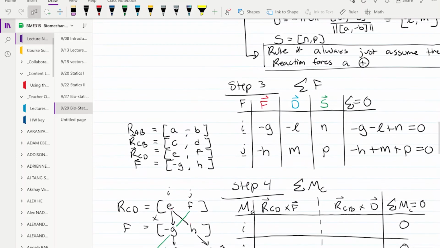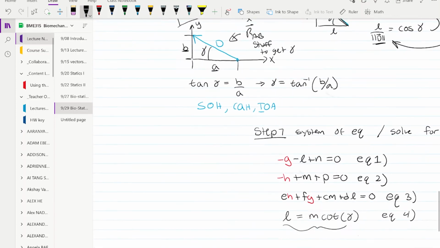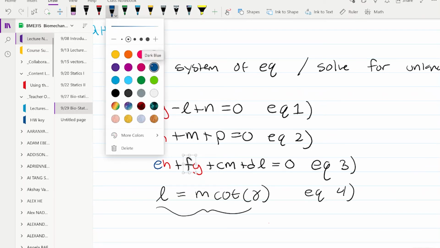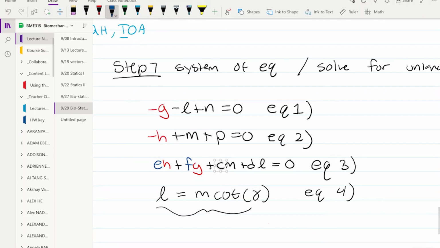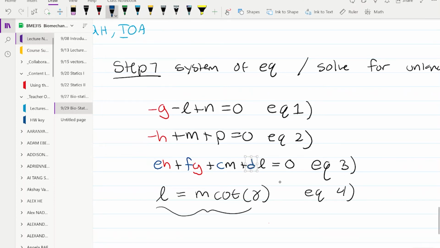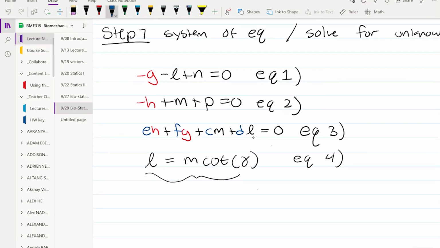All of these are knowns: A, B, C, D, E, F. All the colored stuff is known.